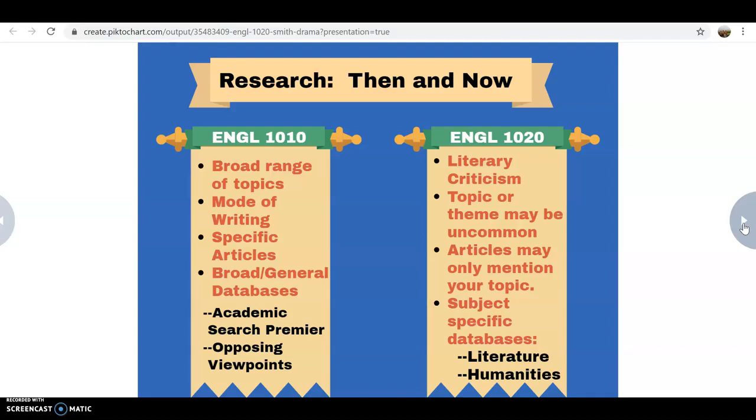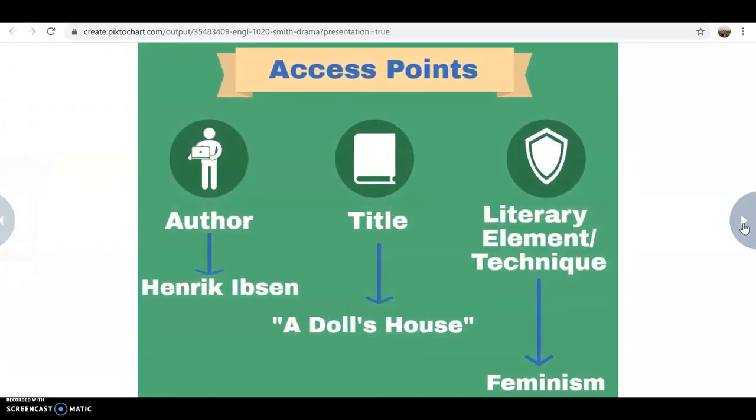When we're doing this research, the access points, search terms or keywords that you're using are much easier. In the videos, if you've watched them, we did author Edgar Allan Poe, title The Masque of the Red Death. The example I'm using today is based on a work of drama, as that's what you're researching.